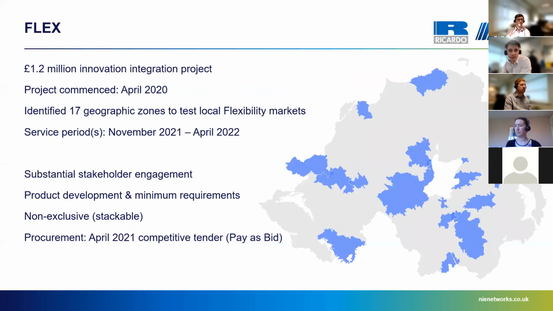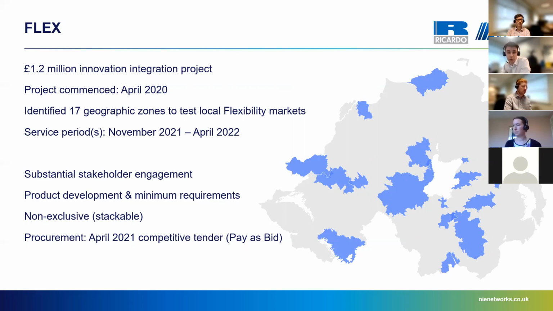So the Flex project itself is a 1.2 million pound innovation integration project, which we kicked off in April last year. Through a series of network studies and projections out to as far out as 2040, we identified 17 specific areas on the distribution network in which we would like to trial the procurement and then use of flexibility services.